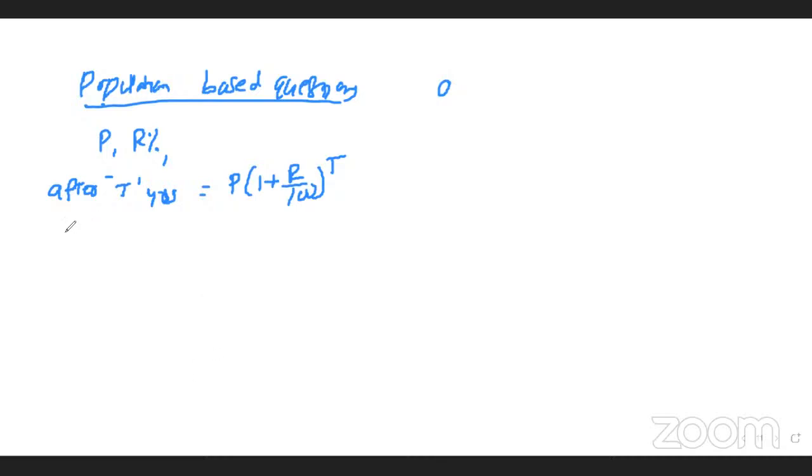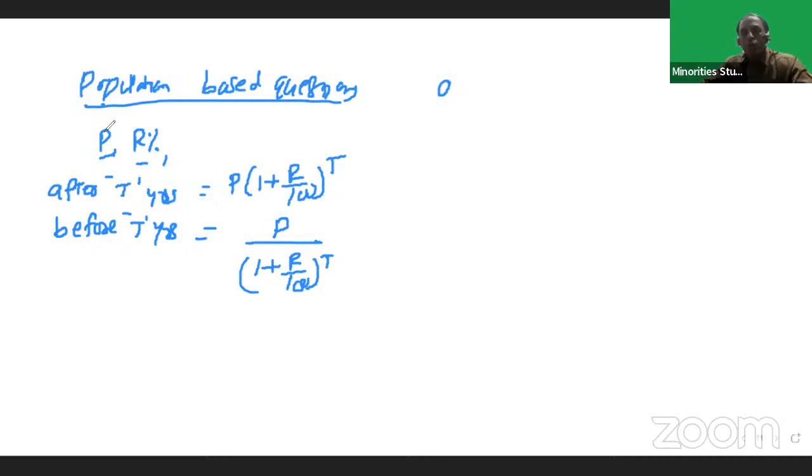The population of a town before T years is equal to P by 1 plus R by 100 whole power T. The present population of a town is P. The population increase rate is R% per annum.